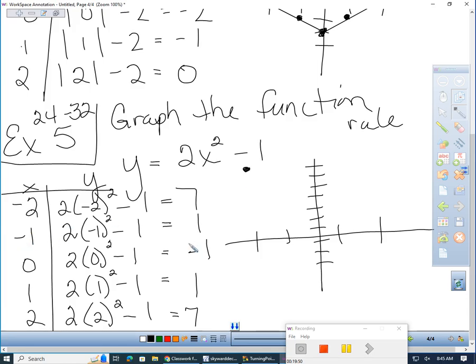Then I have negative 1, 1. So I go left 1, up 1. I have 0, negative 1, which means all I do is go down 1. 1, 1. And 2, 7. So over 2 and up to 7. So you can see that it's supposed to make, there you go, a U.